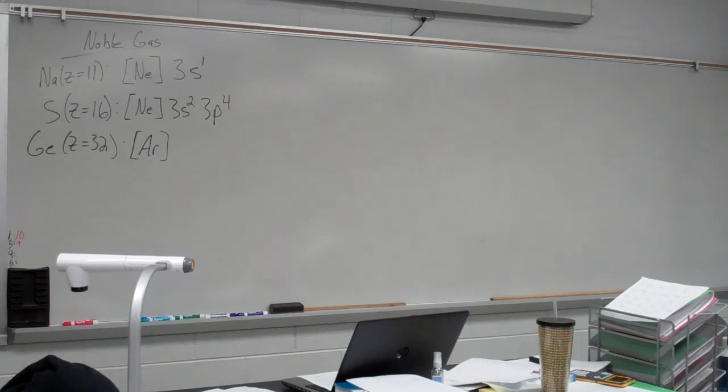Germanium, here's my stopping point. You go all the way through hydrogen, helium, lithium, beryllium, all the way through, and you stop here. What's the last noble gas you cross? Argon. So now I choose argon as my starting point. I put that in square brackets to show that argon is the new starting point.